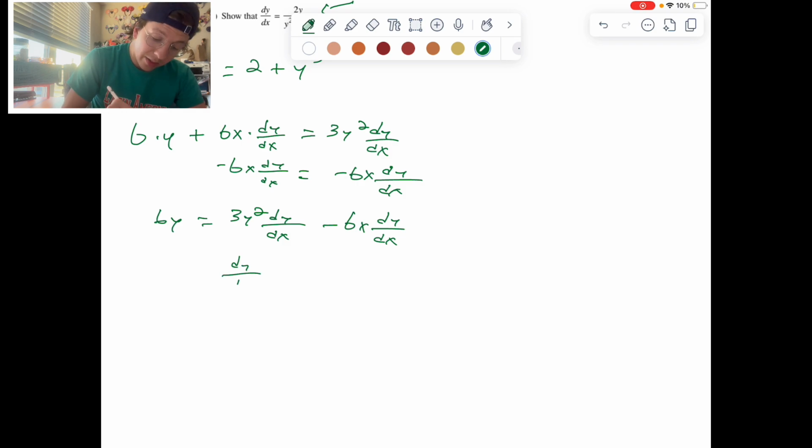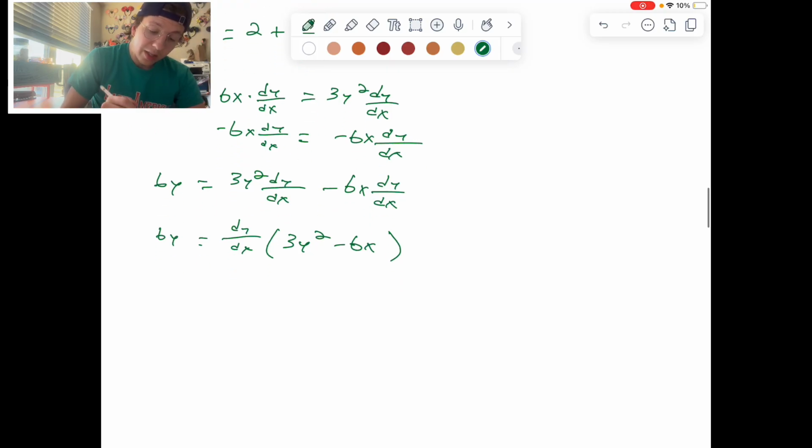So dy dx times 3y squared minus 6x, and that is all equal to that 6y. Let's divide both sides by the 3y squared minus 6x because I want to get rid of that and leave dy dx on that right hand side.